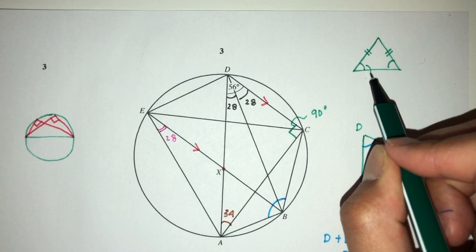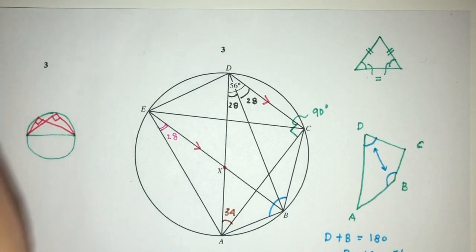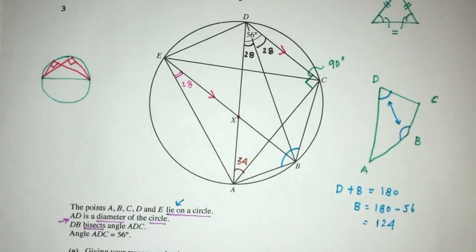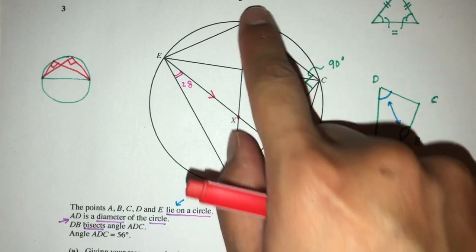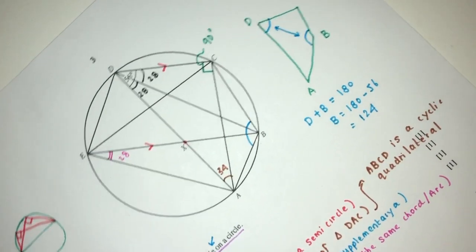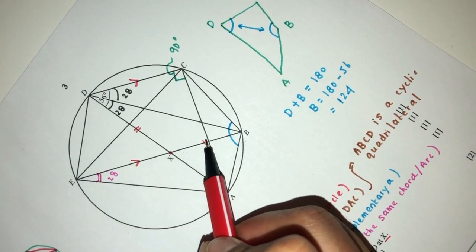So by proving this and this are equal, we can show it is an isosceles triangle. So first, where is the triangle BDX? So BDX will be the triangle here. Clearly, we have to show that this and this are the same.